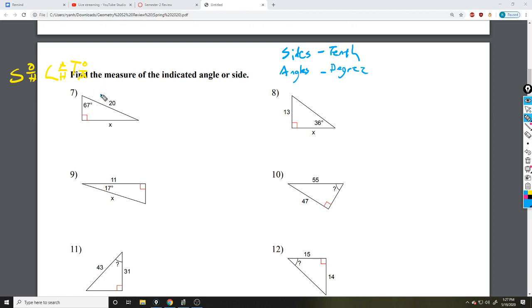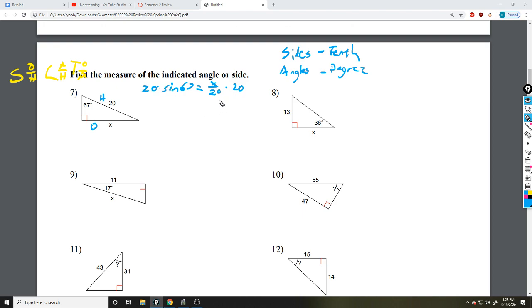Here we are told the hypotenuse, and we want to solve for opposite. Opposite and hypotenuse, that's going to be sine. Sine of the angle, which is 67, equals our opposite, which is x, over the hypotenuse, which is 20. So multiply by 20 on both sides.